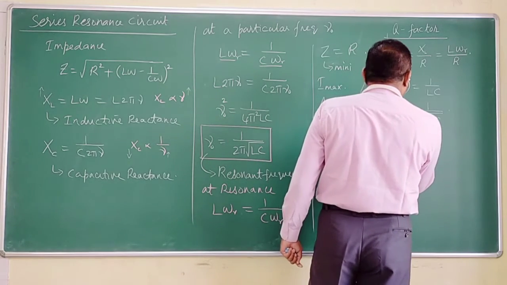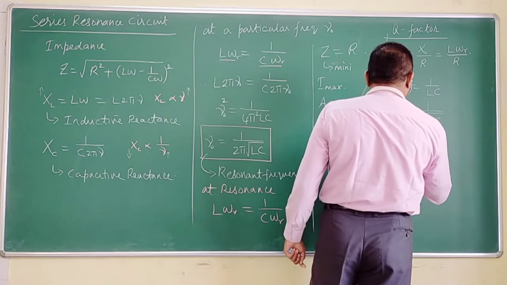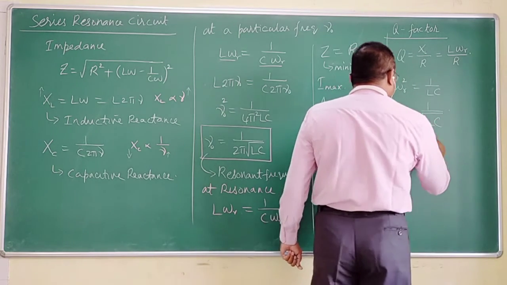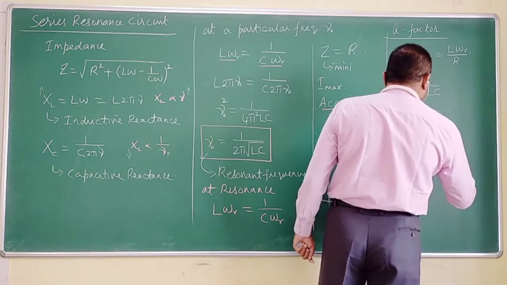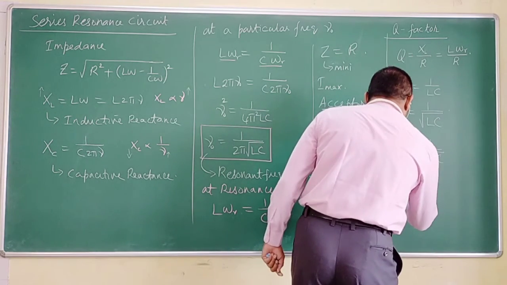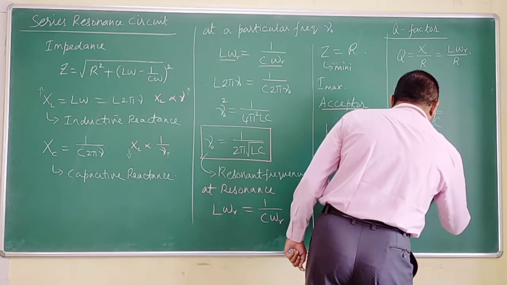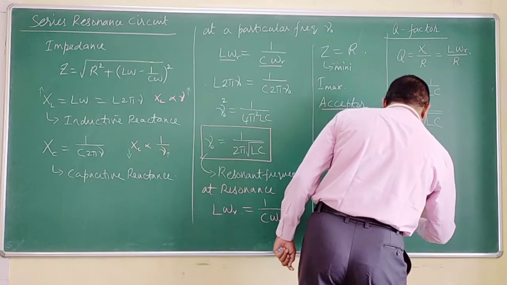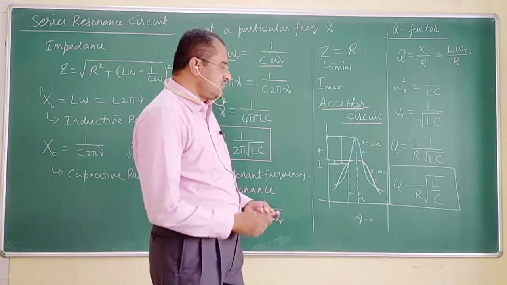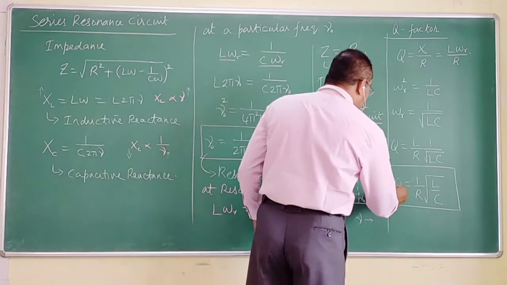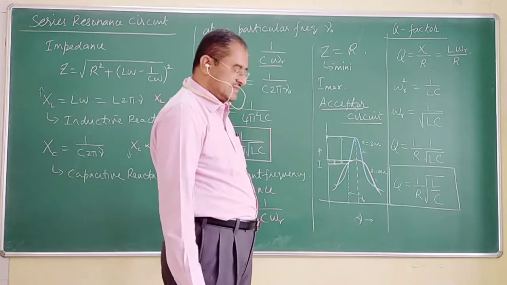Now let me substitute this value of omega R here. Therefore, Q becomes equal to L upon R into 1 upon under root of LC. In other words, this reduces to Q equals 1 upon R under root of L by C. As has been seen in the graph, the quality factor depends on resistance inversely.